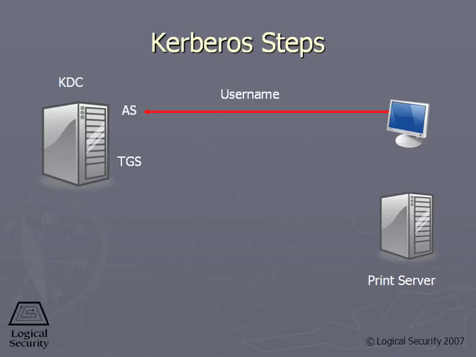Now the authentication service looks in its user account database and says, is there Sean Harris? Yes. And it looks up my key, my secret key. It will take my secret key and encrypt a ticket called the TGT. Now, when it gets to my system, if I've typed in the right password, that password is used to decrypt that ticket, and now I'm authenticated to my system.